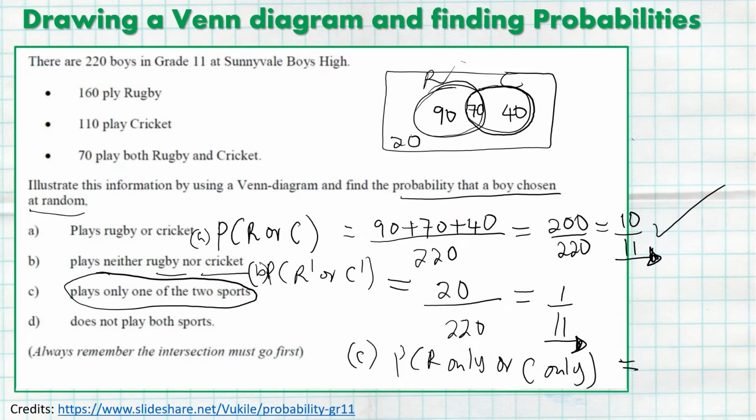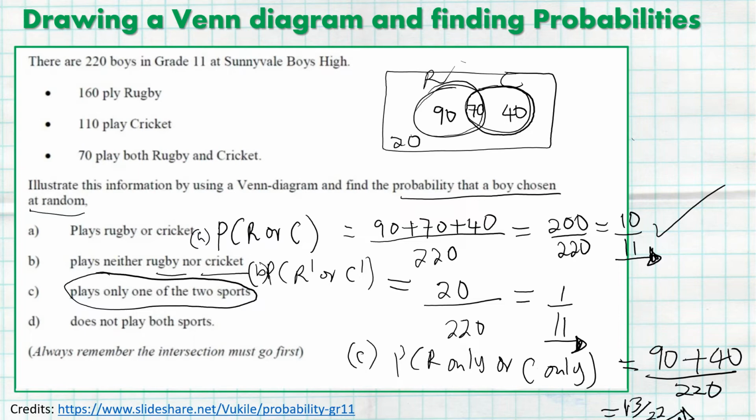So it will be rugby only, we have 90, plus cricket only, we have 40 of them. Then we divide by the total number of sample space. So it's going to be 90 plus 40, which is 130, divided by 220. It's going to be 13 over 22 as our answer.